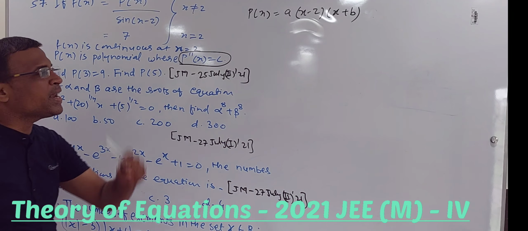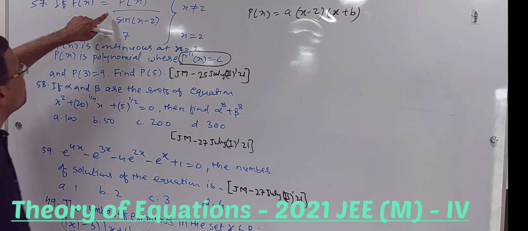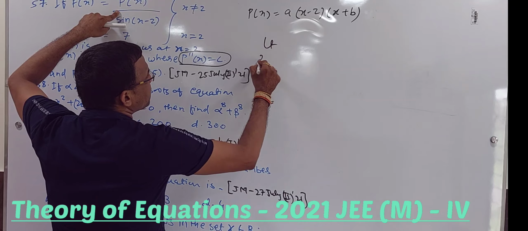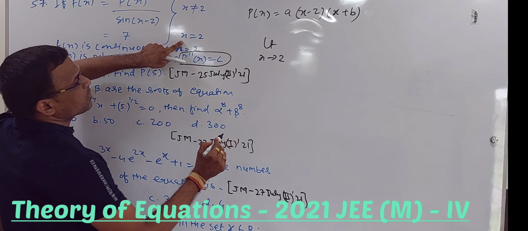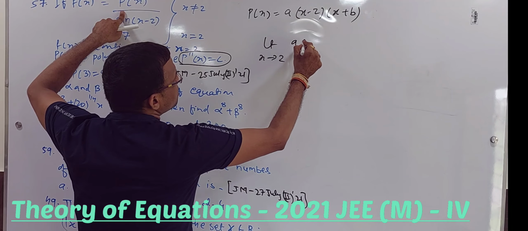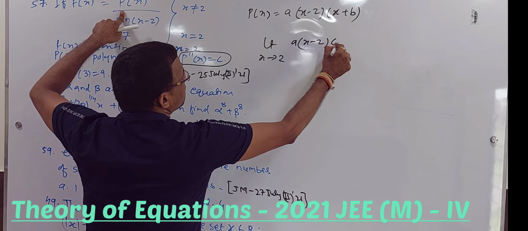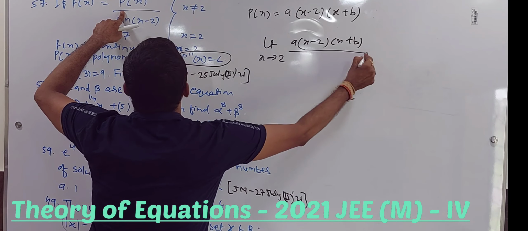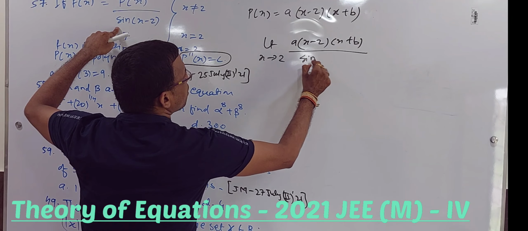First of all, we will just see it later. So replace p of x with this. So what will happen? Limit x tends to 2, because it is continuous at x equal to 2. P of x will give you a times (x minus 2) times x plus b upon sine of (x minus 2).